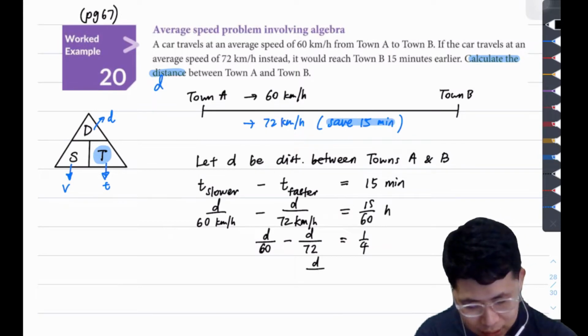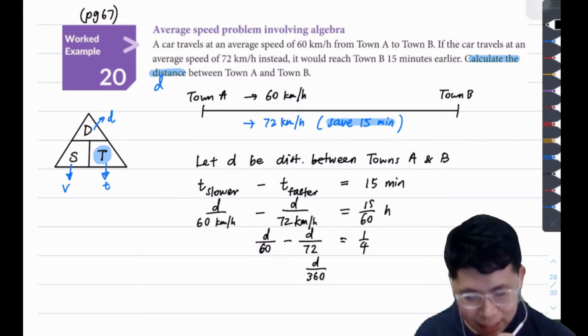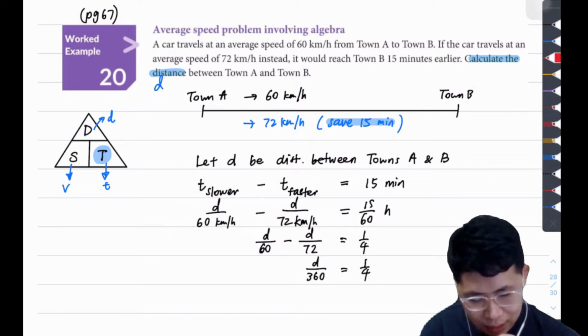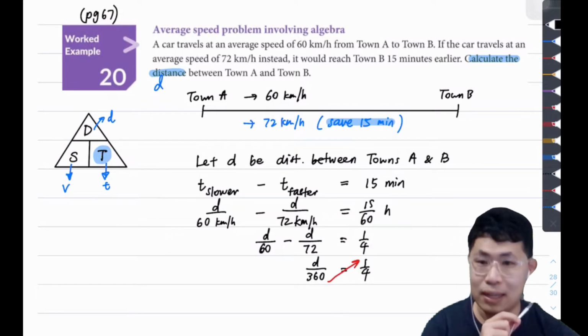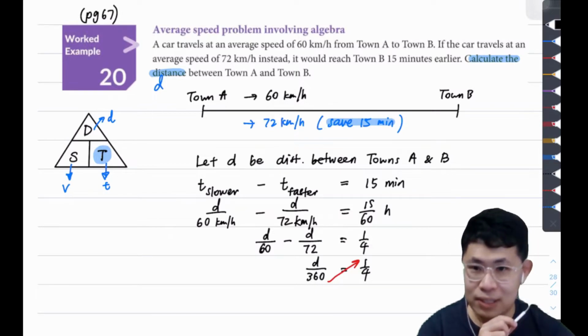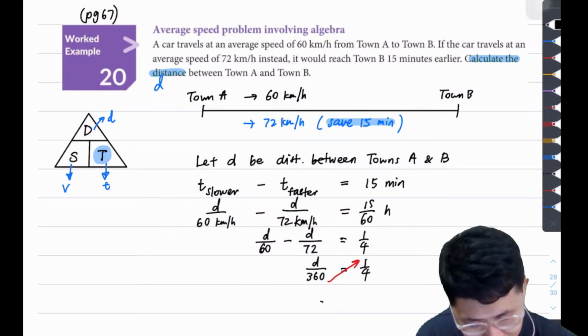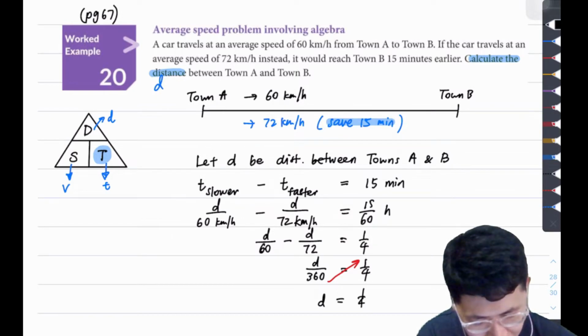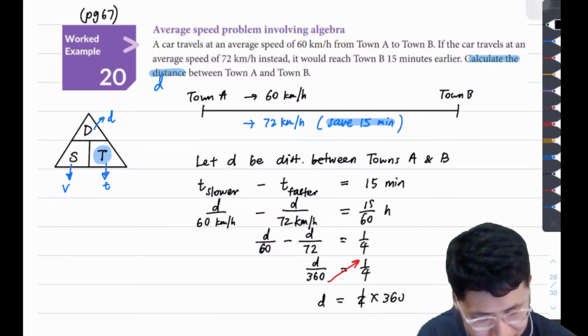So d over 360 equals 1 over 4. Then you multiply by 360 to the other side, because the opposite of dividing by 360 is multiplying. So d equals 1 over 4 times 360.